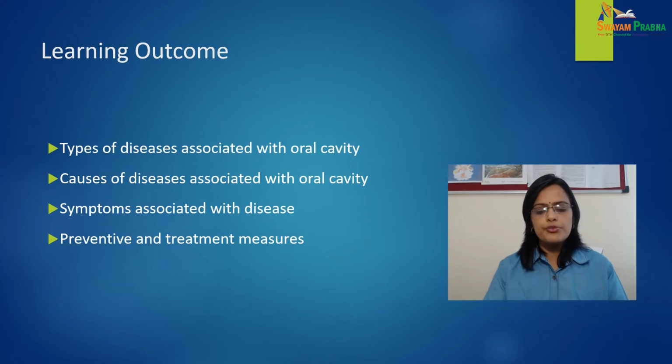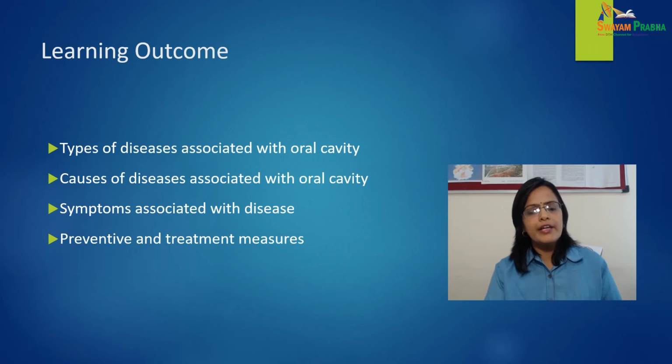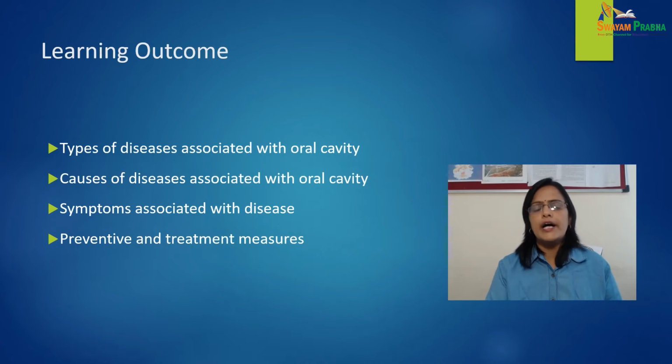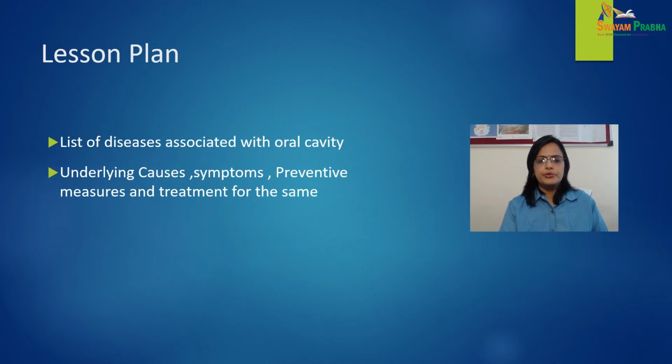This is going to be your learning outcome: after going through this module, you will be able to know the anatomy of the oral cavity and the structure of the tooth, and what their functions are. So all these things you will be able to understand. This is our lesson plan.